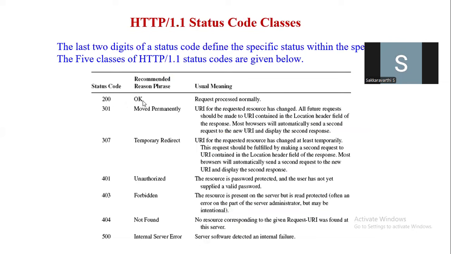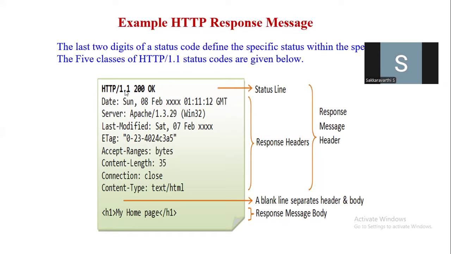So 200 belongs to OK, the resource request processed normally. So 200 OK. Then response header fields. These are some of the response header fields. Date, when it generates the response message. Then Server, Last-Modified, Accept-Ranges, Content-Length, Connection, Content-Type, etc.